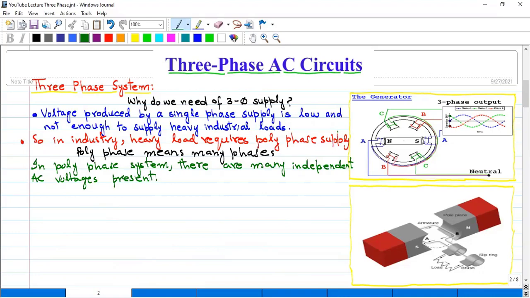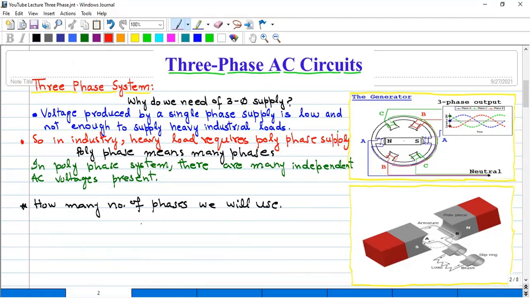So now the question is, in polyphase, how many number of phases we will use?